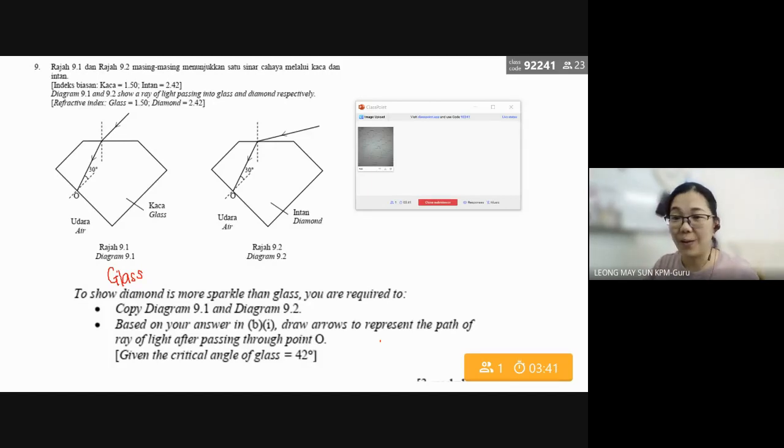4 minutes already. Almost 4 minutes, and I only see Rabika's answer. Anyone else gonna submit their answer before I close submission and just use Rabika's answer to explain? Ada? Tak ada?